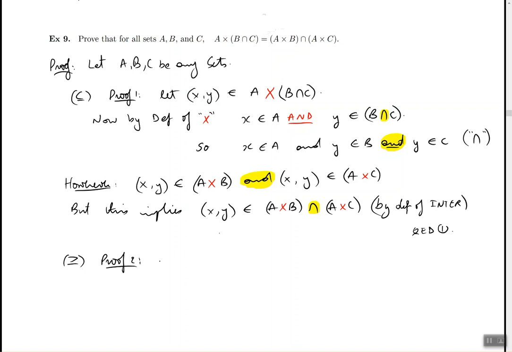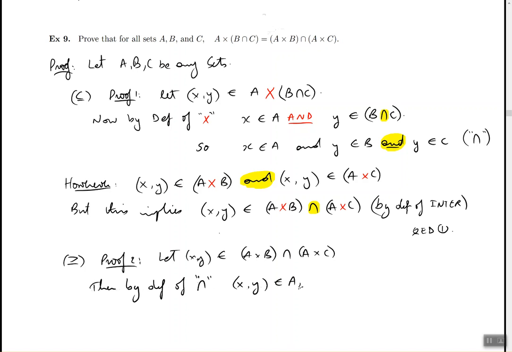So we're going to start with let xy again be an element of the A cross B intersected with A cross C. Then, by definition of the intersection, we can break the xy apart and say that it belongs in A cross B, and at the same time it belongs in the A cross C. Okay, so again, what I am doing here is this. I'm taking this intersection symbol and I'm breaking it apart as I can with the definition.